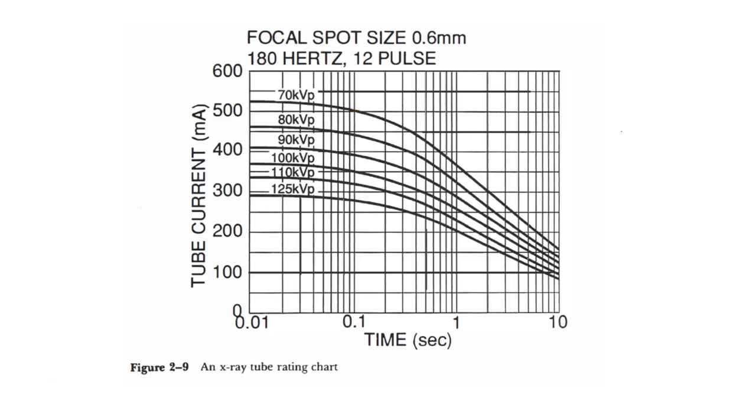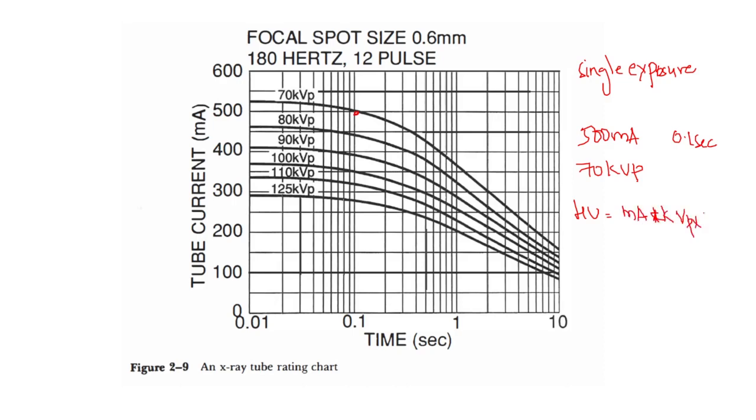So how can we use this chart? First, we have to see a single exposure. We have to calculate the voltage needed, or the heat units needed, for a single exposure. Here I am keeping 500 milliamperes in 0.1 second, and obviously we require 70 kVp. We know heat units equal mA times kVp times time times 1.4.